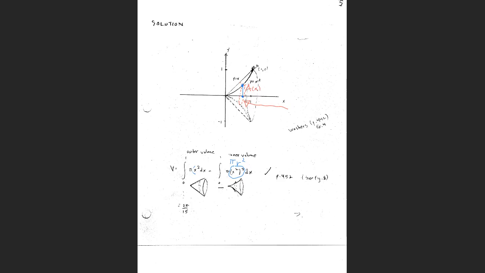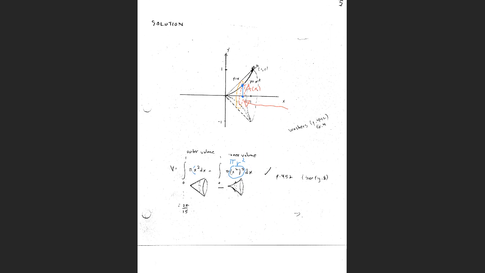And incidentally, for the outer volume, the cross-sectional area is also a circle.